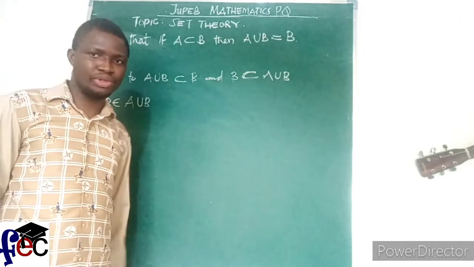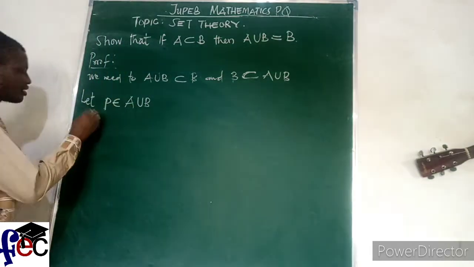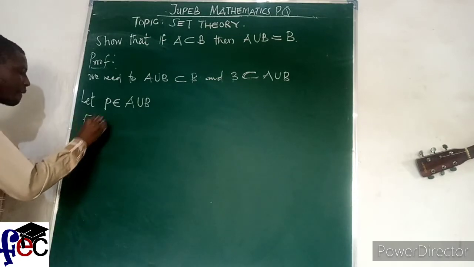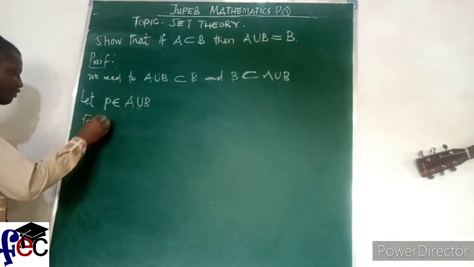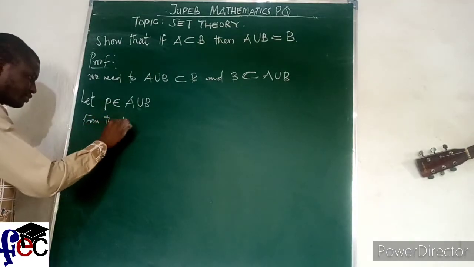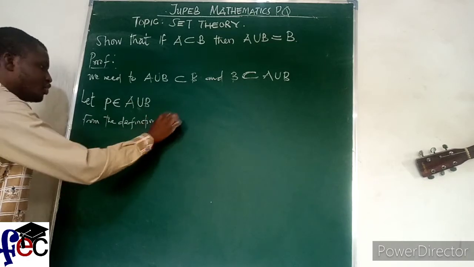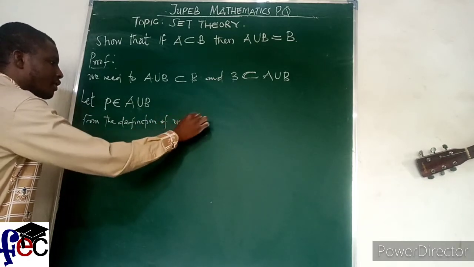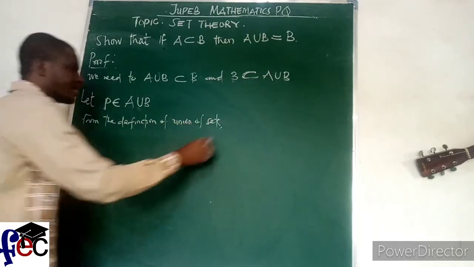Okay, so let's see how we do that. Let this be a member. From the definition of union of sets, what can I say here?